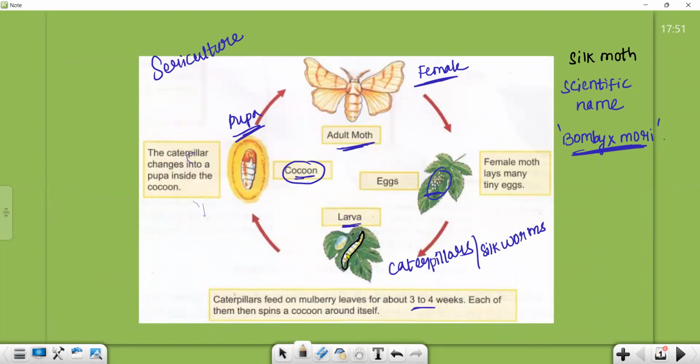Actually, it secretes some secretion. We discussed in the beginning that it secretes some secretion, which is protein, and on exposure to air it hardens, which is called the cocoon. But what happens inside the cocoon, ma'am?